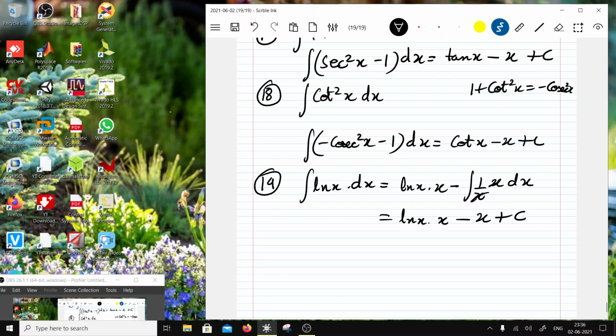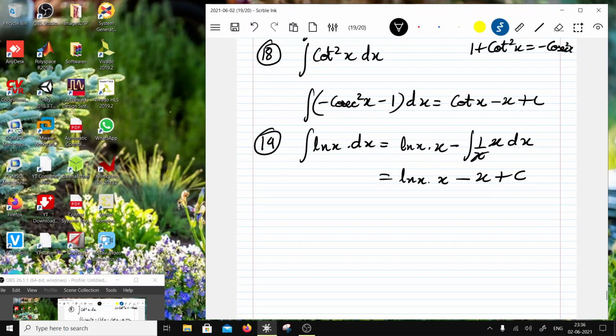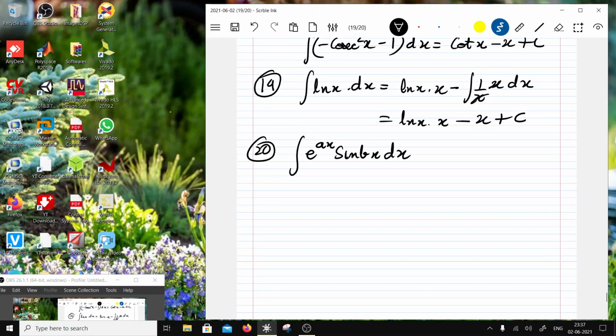Okay, then if I was to do 20th, which is integral of e raised to ax sine of bx dx, I can write this integral as first term into integral of second term. Sine of bx integral is going to be minus cos, so minus cos of bx by b.